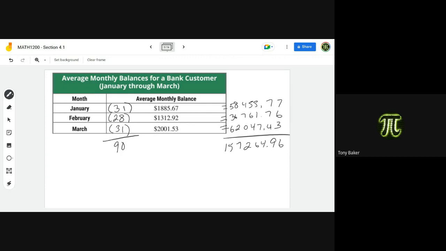I have to divide these two numbers to find the actual average daily balance for the months. So I'm going to take 157,264.96 and divide by 90. And we get $1,747.39.